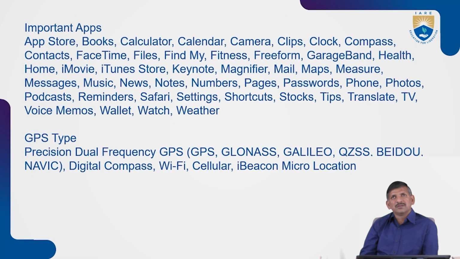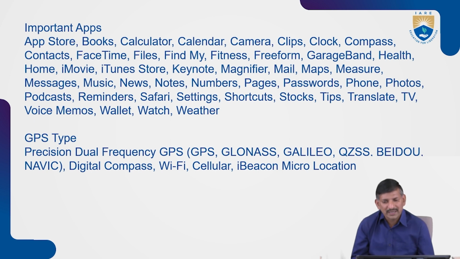So other apps which provide different types of apps from the Apple Store: books, calculator, calendar, camera, clips, clock, compass, contacts, FaceTime, files, Find My, fitness, Freeform, GarageBand, health, home, iMovie, iTunes Store. So based on our requirement, we may use particular apps.